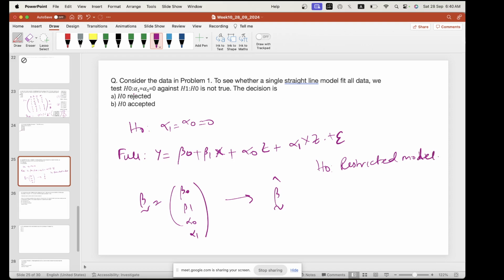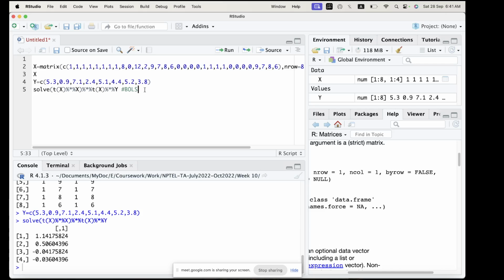If we set alpha 1 and alpha naught to 0, then we have y equal to beta naught plus beta 1 x. Okay, so then beta star is actually beta naught and beta 1. So let us just obtain beta star estimates.